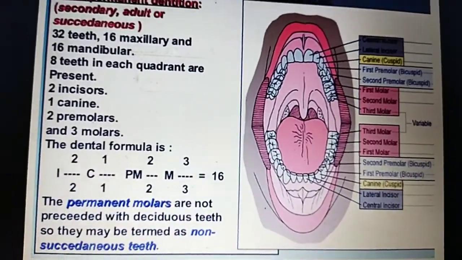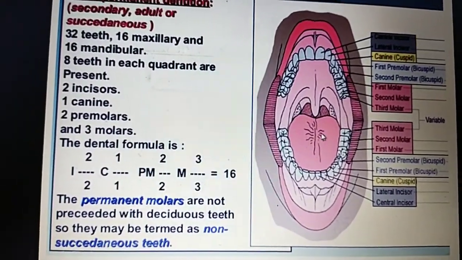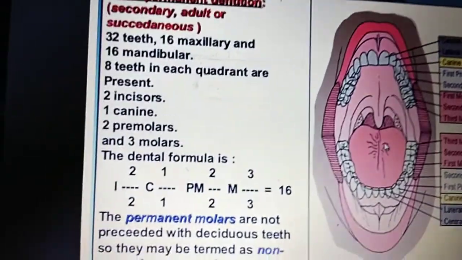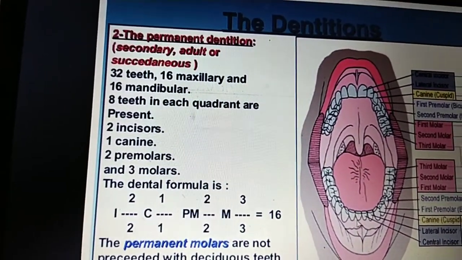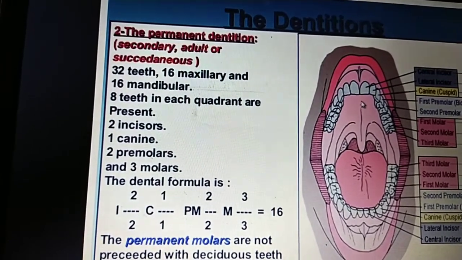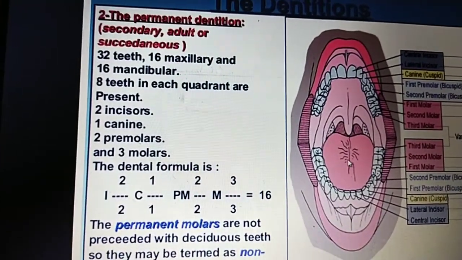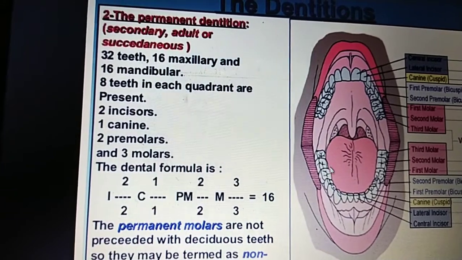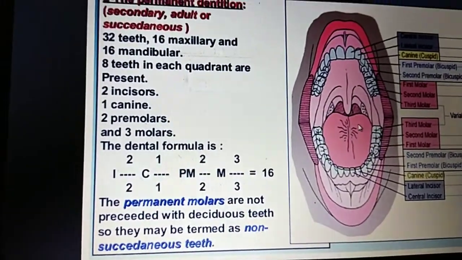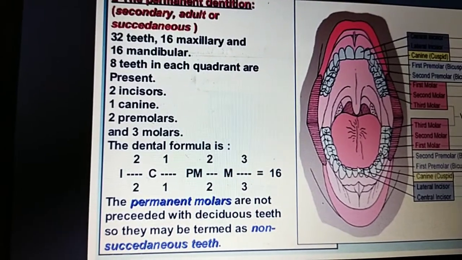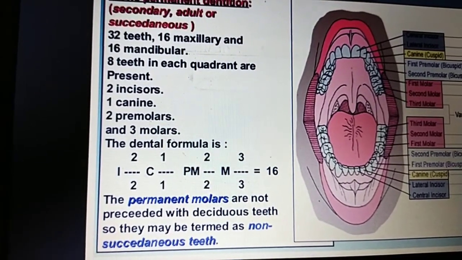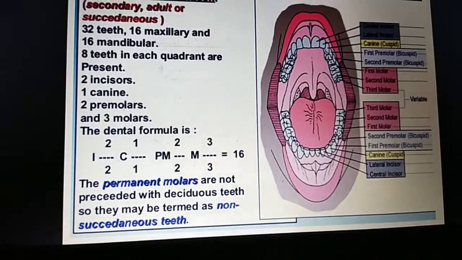Like that we have 4 quadrants, in total 32. 16 are maxillary and 16 are mandibular, with 8 in each quadrant. Of these, 2 are incisors, 1 is canine, 2 are premolars and 3 are molars.